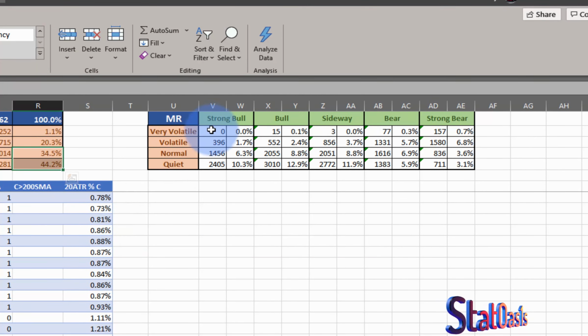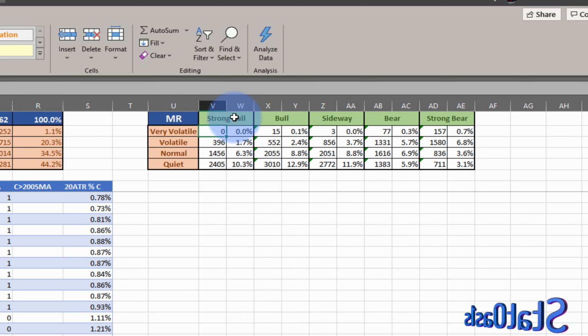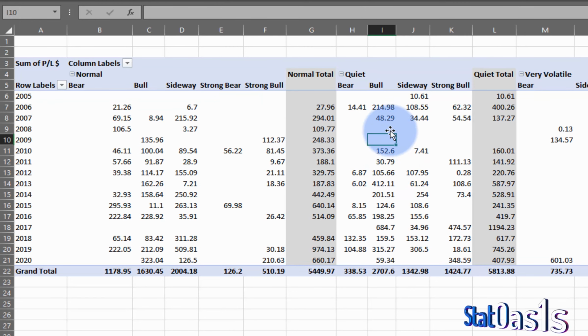But you can see that we don't have any days in strong bull and very volatile, and very few in sideways and very volatile. Also very few in bear and very volatile. Hence, this data is not available here because this market is not available.